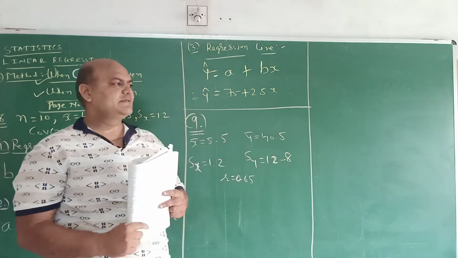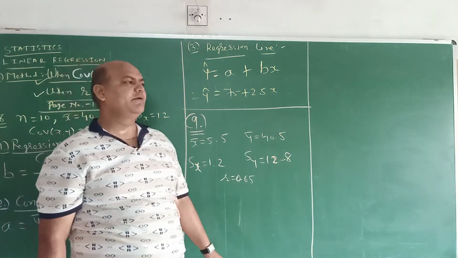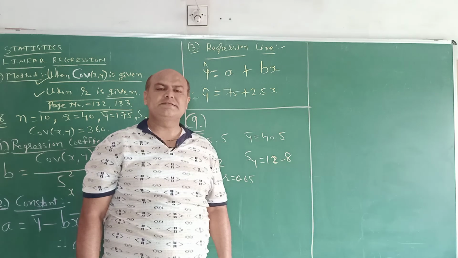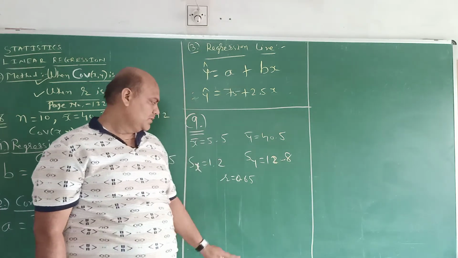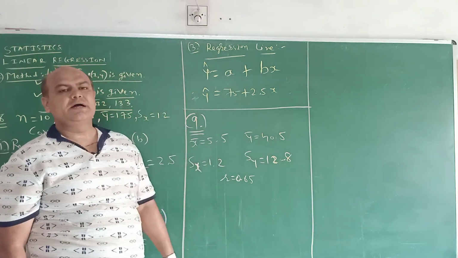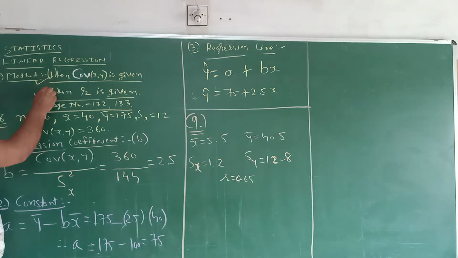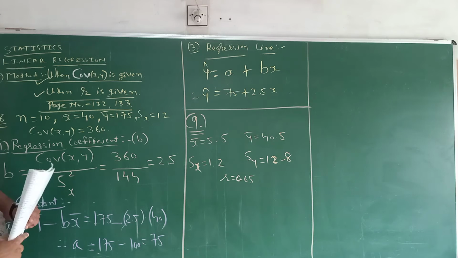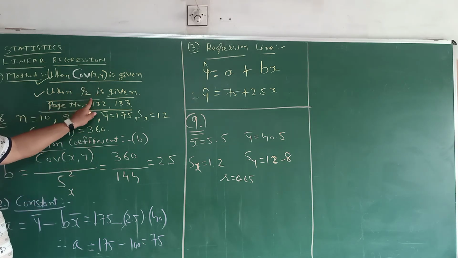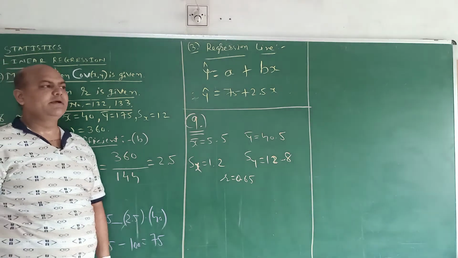My dear friends, first of all, it is clear in our mind, this is the sum in which correlation coefficient R is provided. Here I write that we do two types of sums, when covariance xy is given and when R is given. So here R is provided.